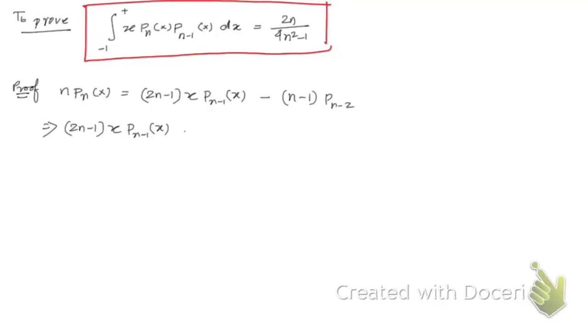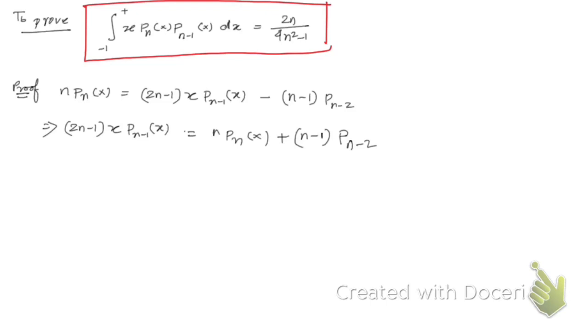On the left hand side, nPn, whatever I should get on the left hand side, I have written on the right hand side, and whatever term should be on the right hand side, I have written on the left hand side. That's it. I have switched the sides only, plus n minus 1 Pn minus 2. I have rearranged the terms, as simple as that.